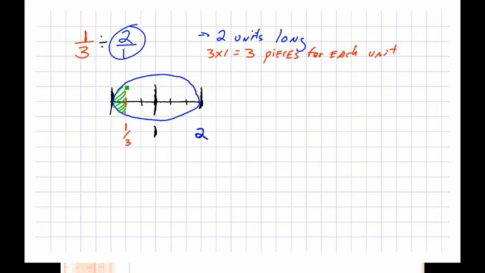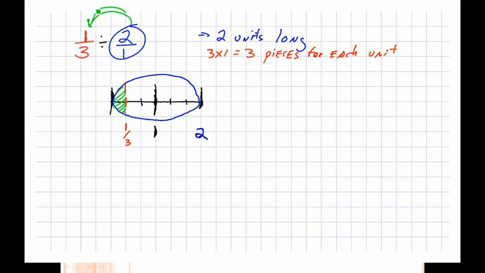Now let's look at what happened here. The 2 is much bigger than the 1/3. So it makes sense that we can't squeeze that whole 2 into that 1/3. We could only get part of it in there. How much of the 2 did we get into the 1/3?